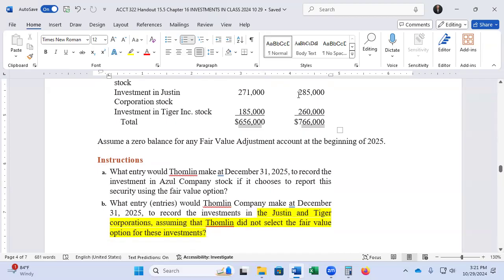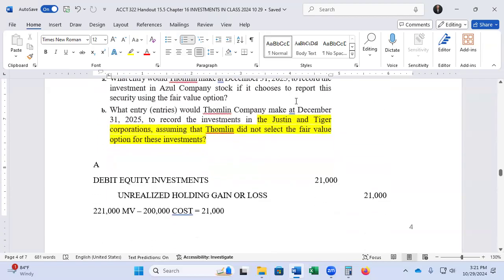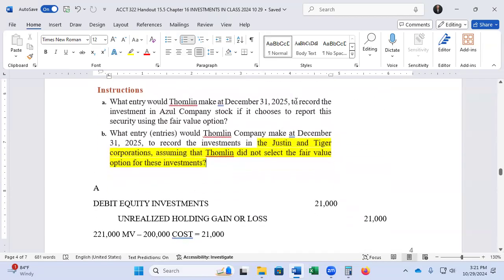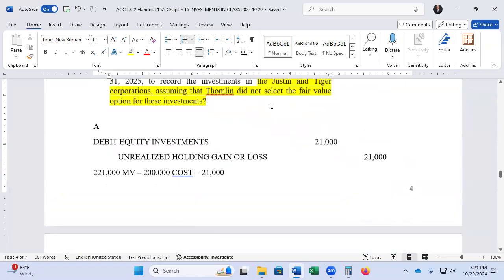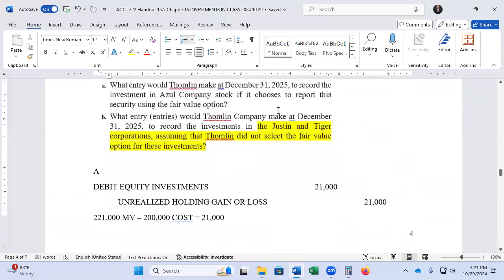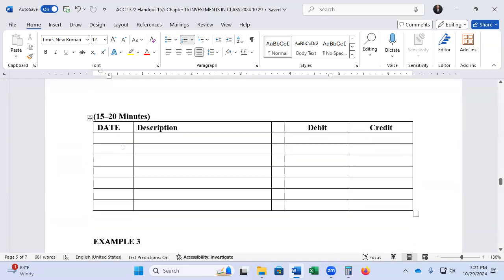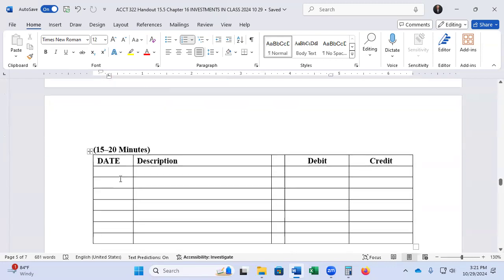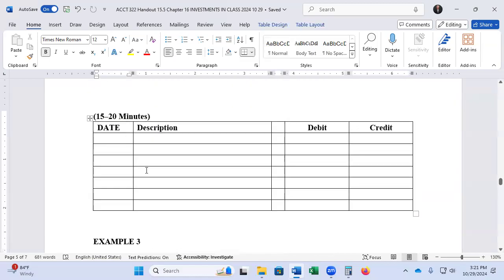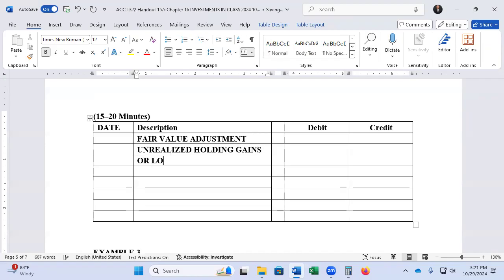So if they did not select the fair value option for these investments, for part B, we'd have a debit to fair value adjustment and a credit to unrealized holding gains or losses.